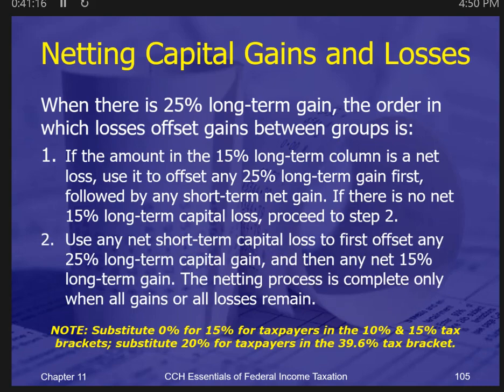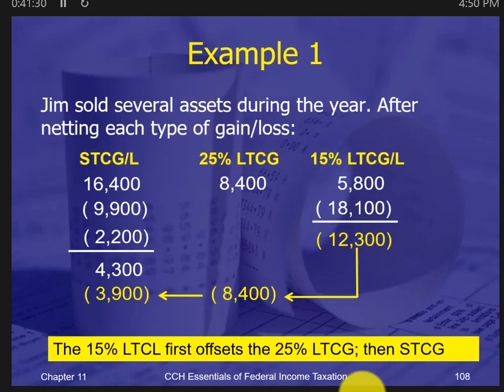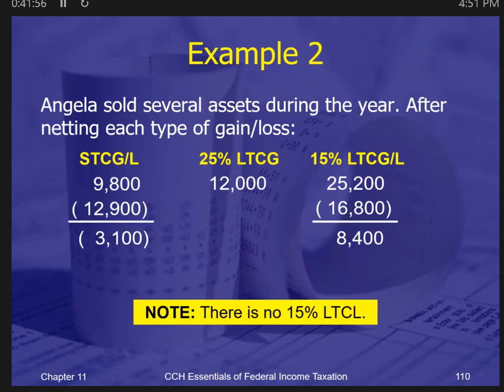Okay? So a little bit more about netting capital gains and losses. Always apply to the most expensive ones first. So we apply the long-term loss here against the 25% first, then the rest goes against the short-term. And so this person would end up with $400 short-term gain, which of course would be at the ordinary tax rates because it's not long-term.